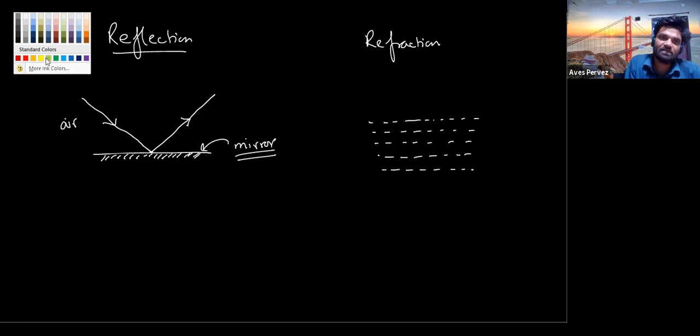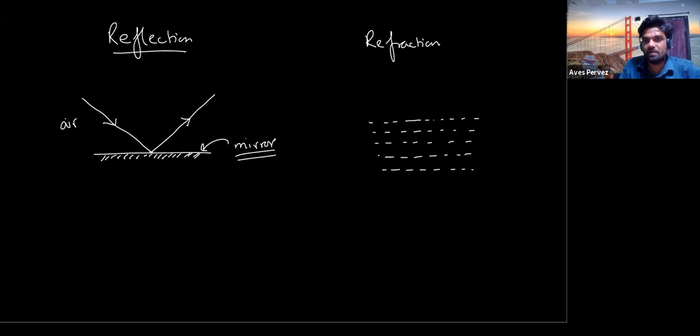The light ray is incident at some angle, and it bends and then goes on. So this bending of light when it passes from one medium to another medium is called refraction. This is called the normal. This is the incident angle, this is the refracted angle, which we will discuss later.